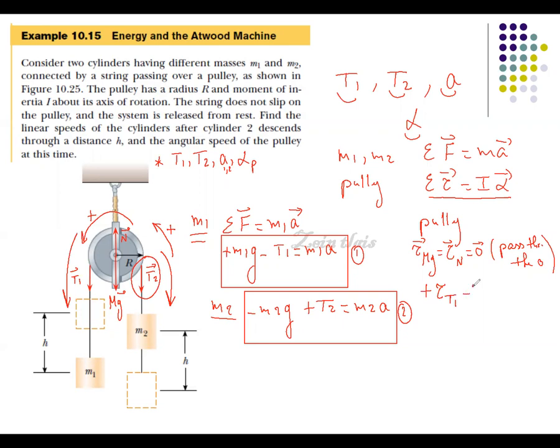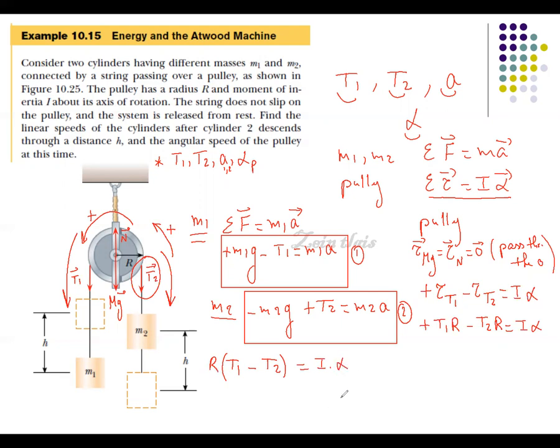So we can write minus T2 equals I times alpha. Here we can put directly the absolute value of tau, which is T1 times R minus T2 times R equals I times alpha. I can write here T1 minus T2 equals I times alpha.